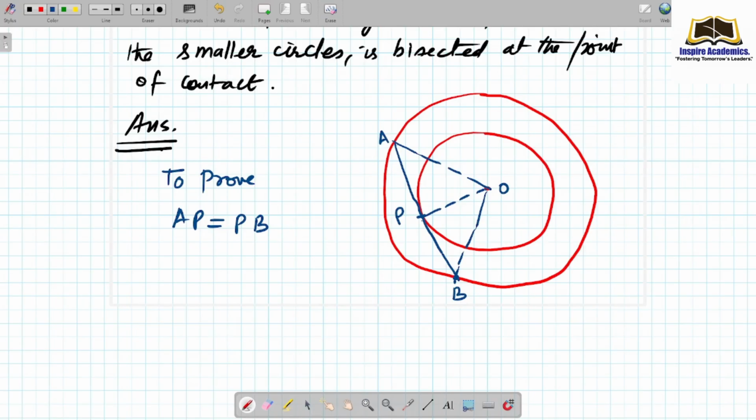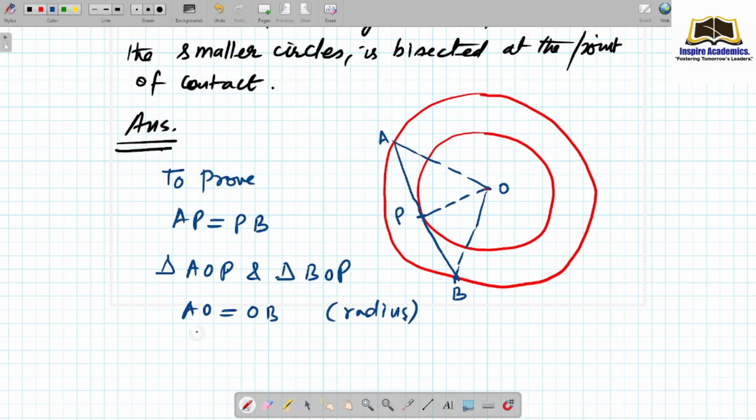I will join AO and OB and I will choose two triangles, AOP and BOP. So I will say AO equal to OB, which is nothing but the radius, right? Yes, sir. And then I will say OP equal to OP because this is common.